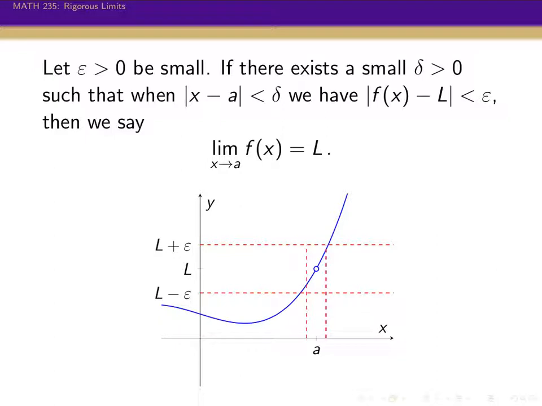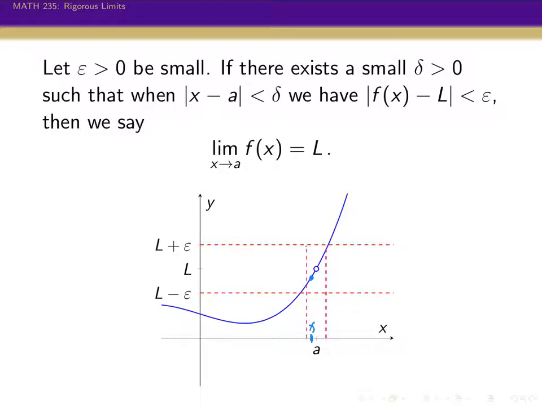If you look, if I take any x value between these two magenta lines, the value of the function stays between the two red lines. So for all x values between the two magenta lines, the values of the function, the blue part, is in between the two red lines.